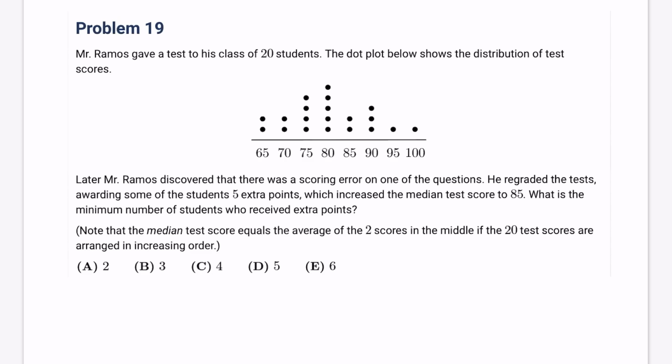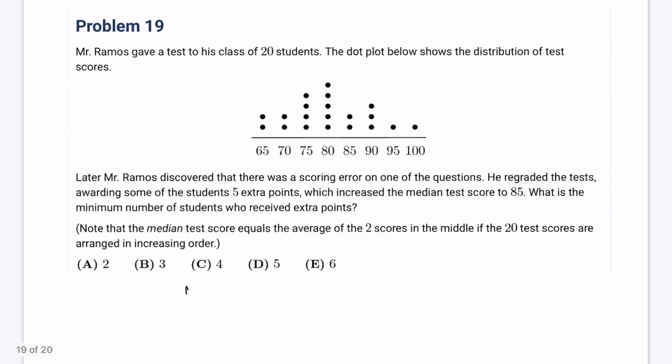So we notice that if there are 20 students, that means the median would be between 10 on the left and 10 on the right. So if we want the median to be 85, that means that we'd want both the 10th and 11th student to have scores of 85 so that the median between them would also be 85.